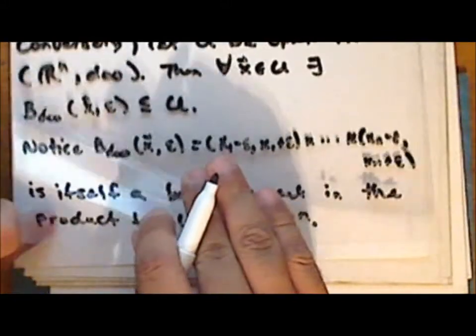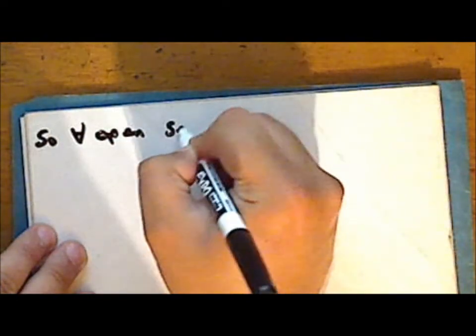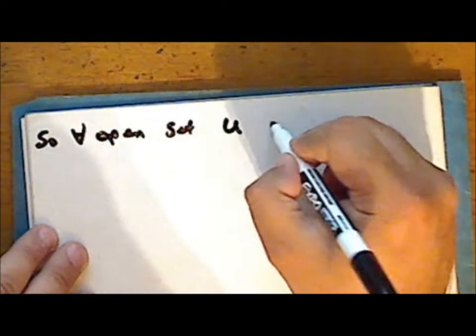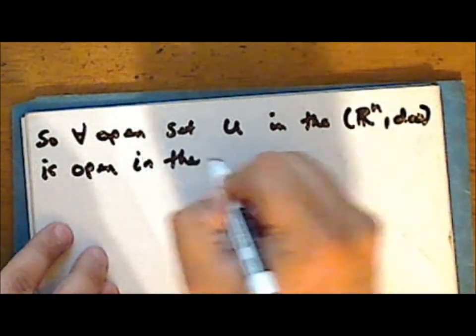And so every open set U in the topology generated by the square metric is open in the product topology.